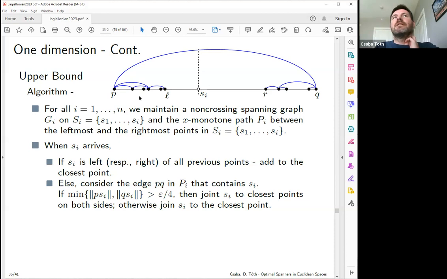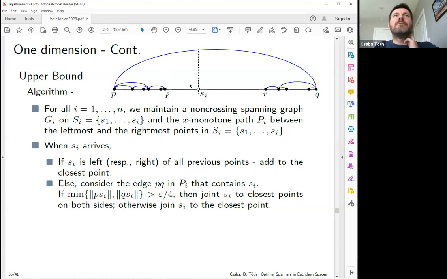The idea is that if this is a small cluster very close to P, then we can have a path from this cluster to anything here going the long way, making a detour. And this is still 1 plus epsilon times the direct distance. And the same happens on the right side.